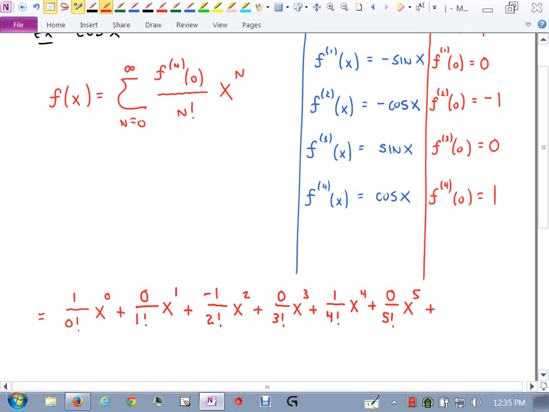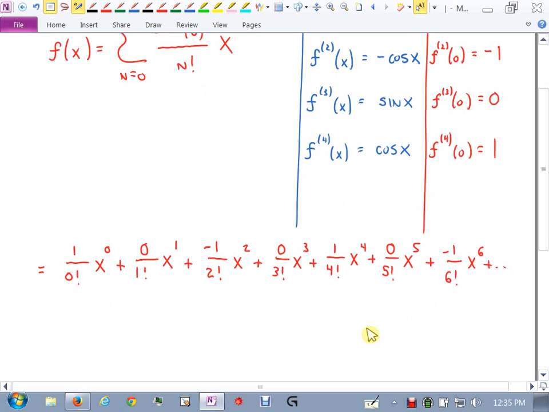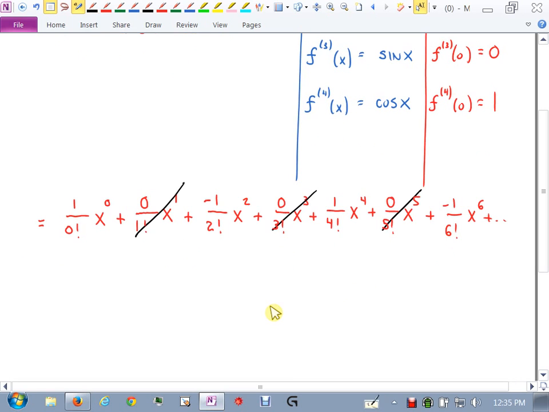Then what? Plus negative 1 over 6 factorial x to the sixth, plus, and I'll stop there, right? It just keeps going. A bunch of these are zeros. That's 0. That's a 0. That's a 0.